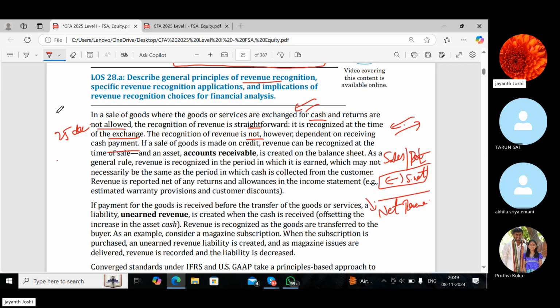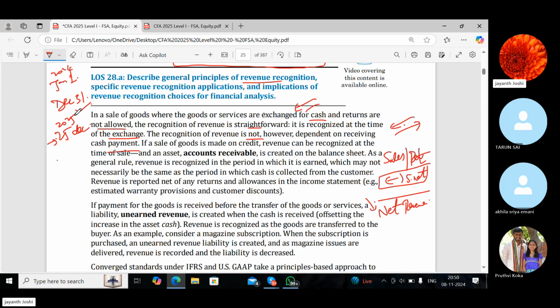January 1st you start your business, December 31st you close your books, December 25th you sold goods to customers, and that particular sale is a credit sale. That credit sale amount you may receive in the next year. This is 2024, maybe you may receive the money in 2025.